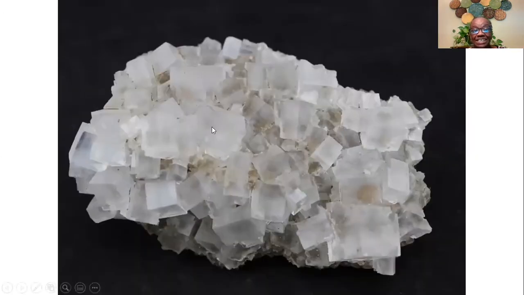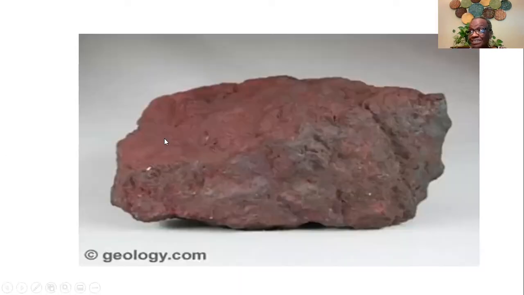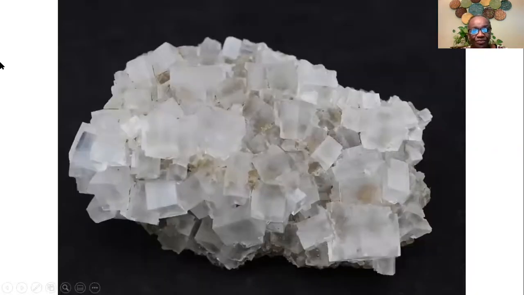All right, now this is halite, which is an example of a halide, and we commonly refer to halite as rock salt, or we can refer to it as table salt. And you can look at this and see that it has little cubes. That's the way the shapes would be.